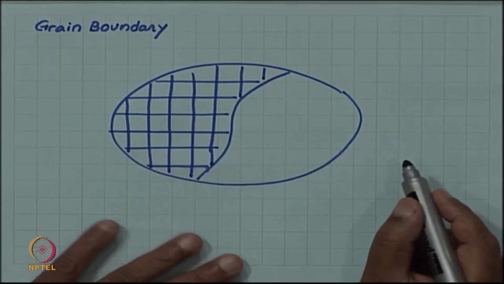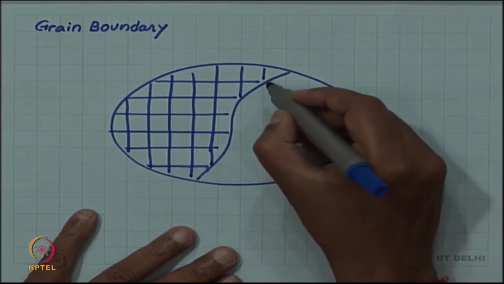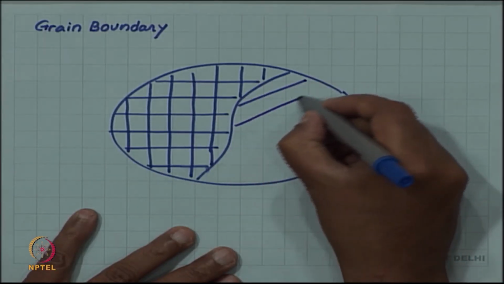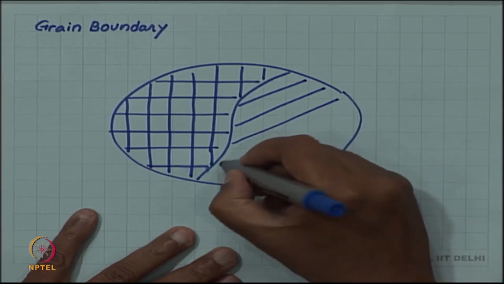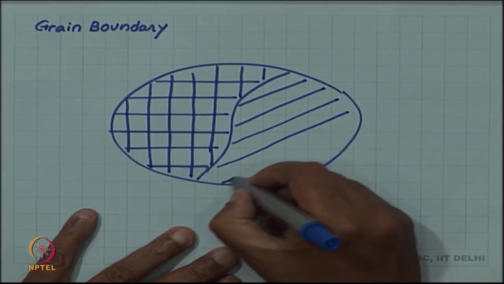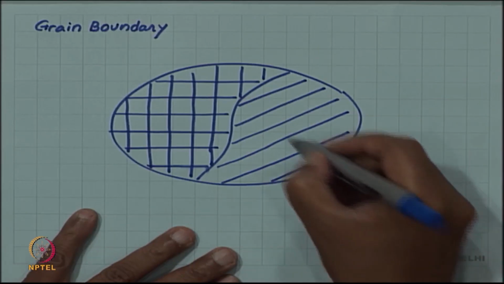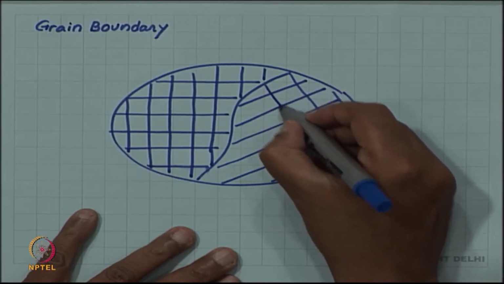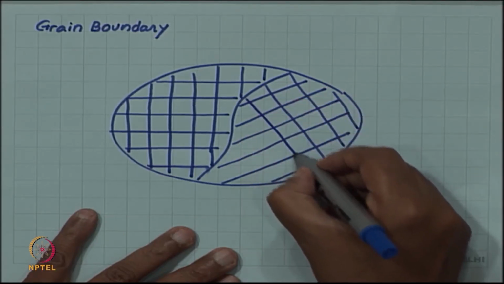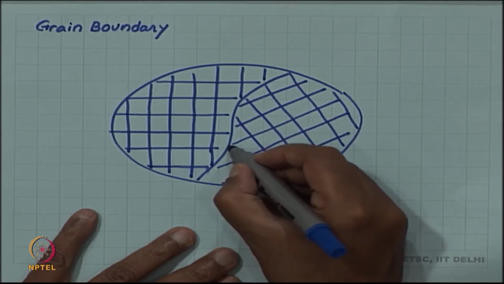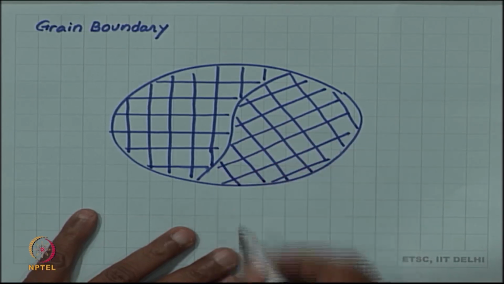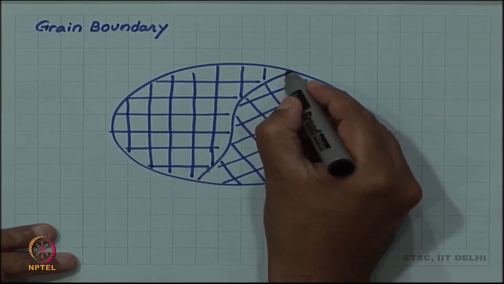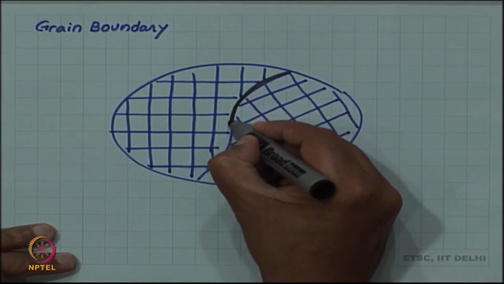On one side the unit cell is oriented this way, but on the other side the unit cell orientation may be different. It is the same crystal, same unit cell, but the orientation is different. So, the crystal structure, the lattice parameter, everything is the same, but across this boundary which I have drawn, the orientation changes.